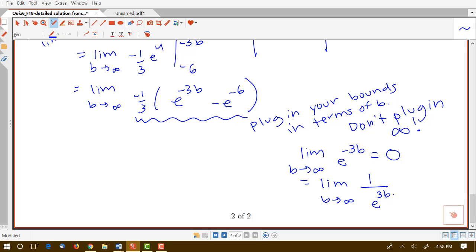So I have 3b becoming very large, and 1 over something very large is going to become very small. So this becomes negative 1/3 times negative e to the negative 6, or positive 1 over 3e to the 6. So in this case, our integral converges.